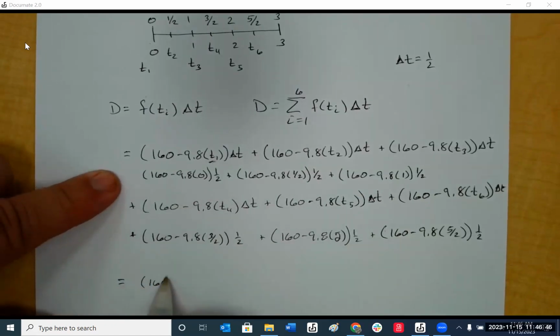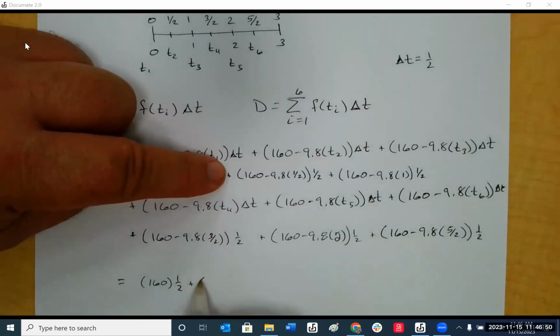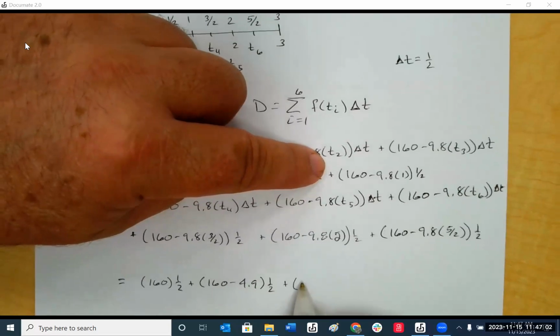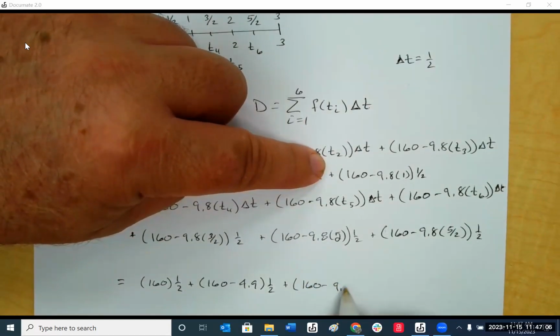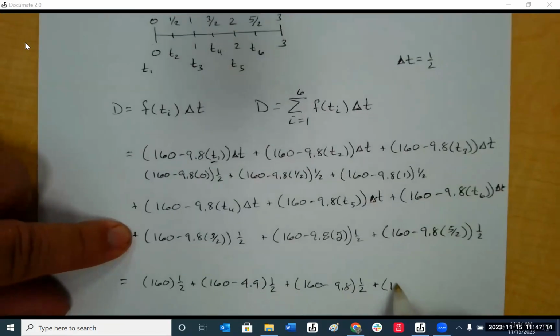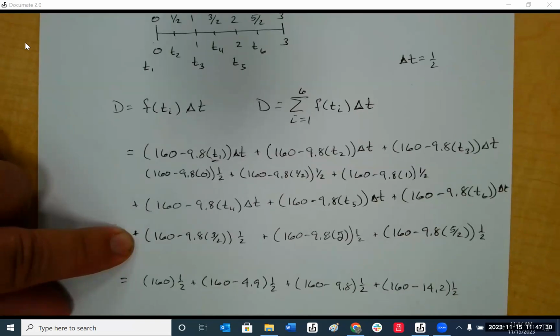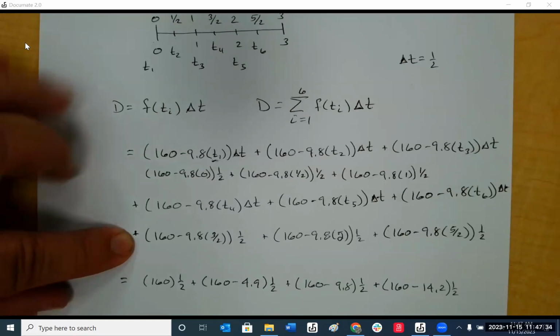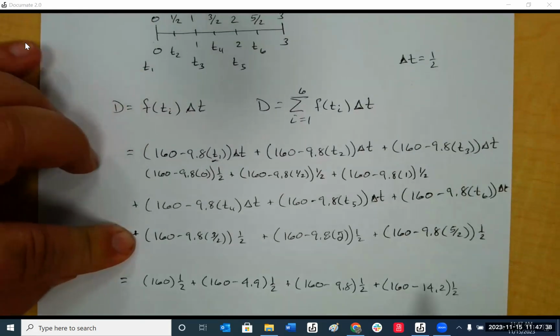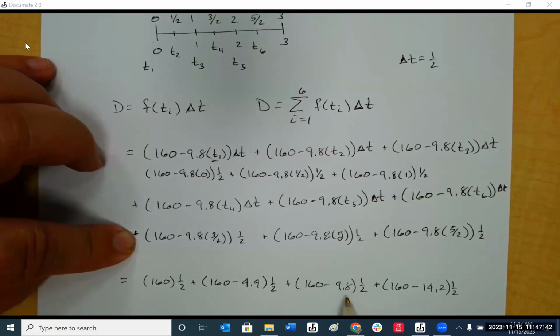So the first one is 160 times 1/2. Then 160 minus 4.9 times 1/2, 160 minus 9.8 times 1/2, 160 minus 14.7 times 1/2. I'm adding 4.9, 4.9.